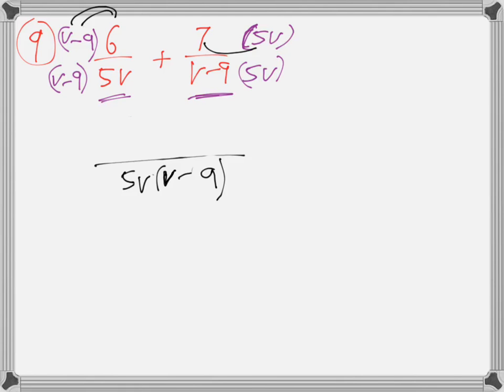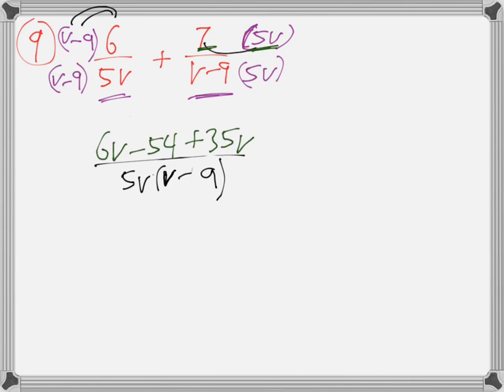So what do we get? 6V minus 6 times 9, 54. If you're rusty on that, you can use calculators and tests and everything. Plus 7 times 5V, 35V. We good to there? That makes sense?